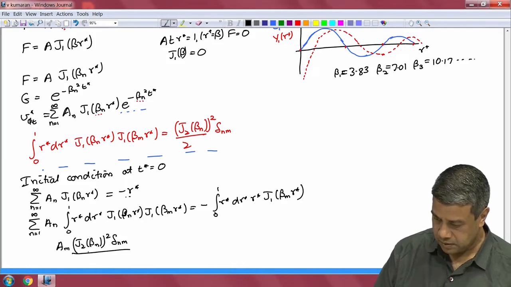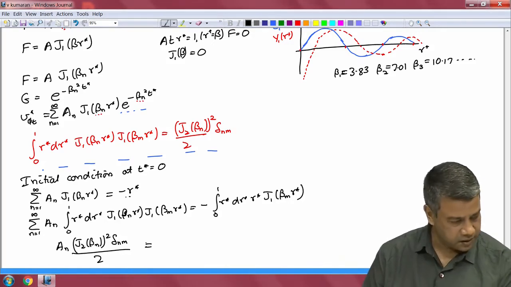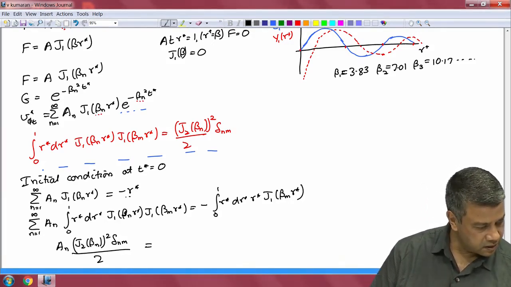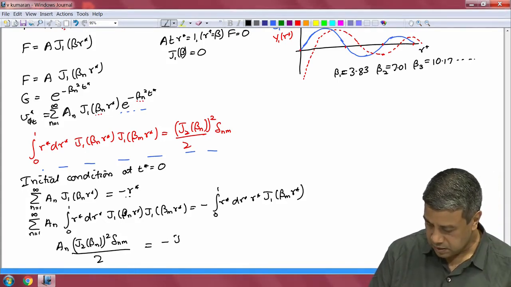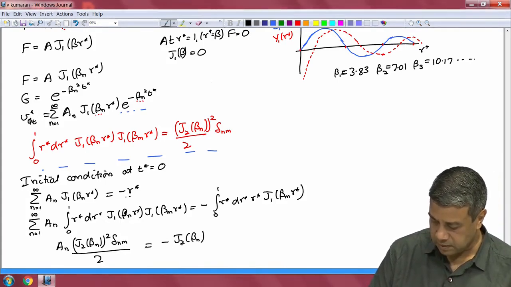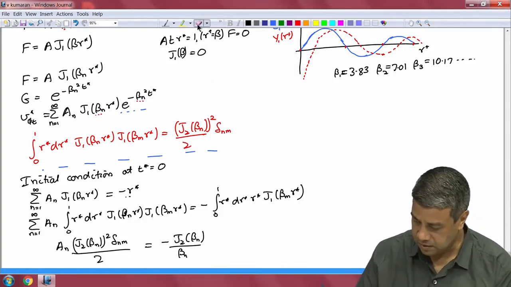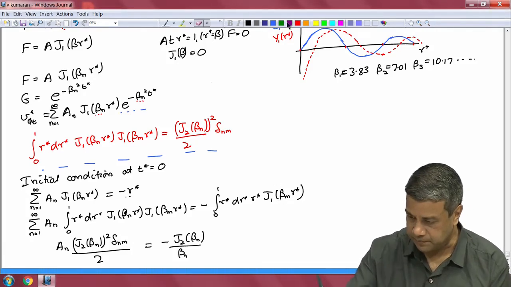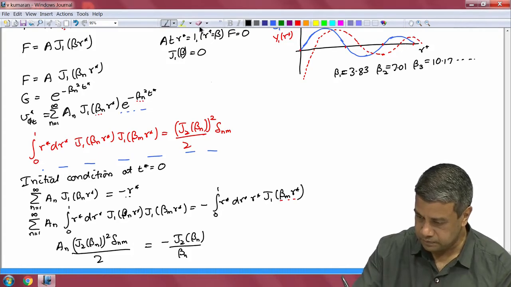This is a n by 2. On the right side you can evaluate this integral and it turns out to be equal to minus J2 of beta m by beta m, I am sorry, beta m in this case, because the right side contains only the index m.